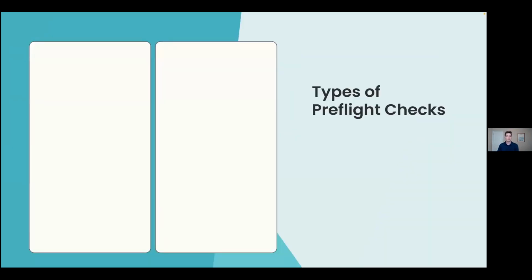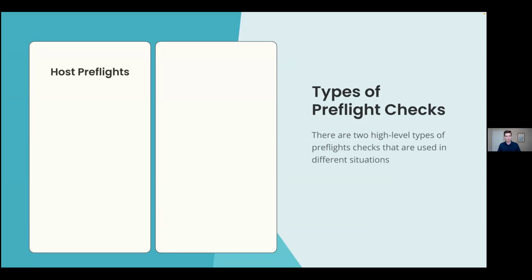So there's two types of preflight checks that we're going to talk about today, and they're used in different situations. In the first case, we have host preflights. Now these run before Kubernetes is installed. So if you're familiar with Replicated and you're delivering your application to customers who don't yet have Kubernetes installed and they just have a bare metal machine or a virtual machine, and you're installing Kubernetes onto that host first before you're installing your application, host preflights would be relevant there.